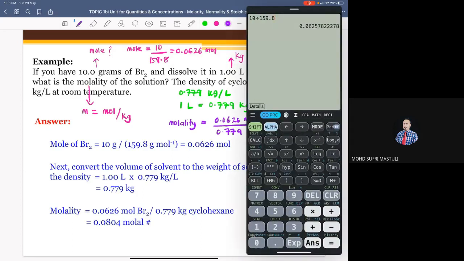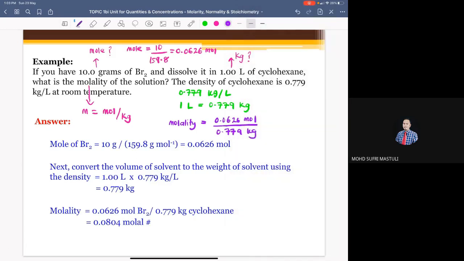So 0.0626 divided by 0.779, you can obtain 0.08 molal. Oh, sorry.